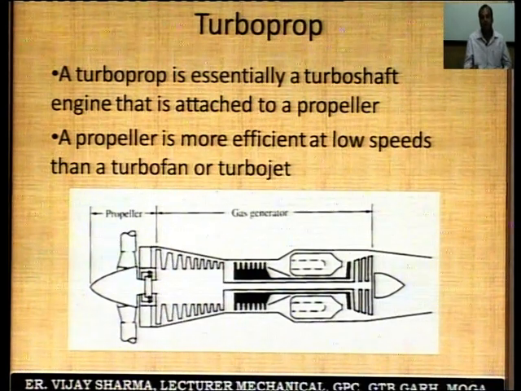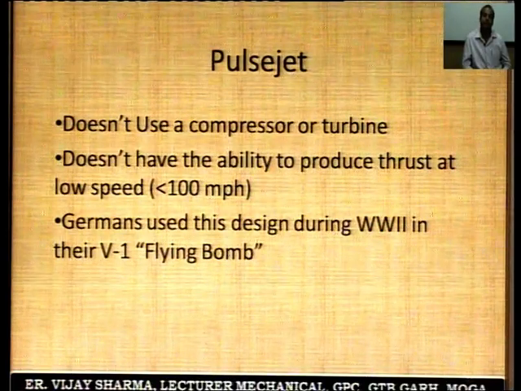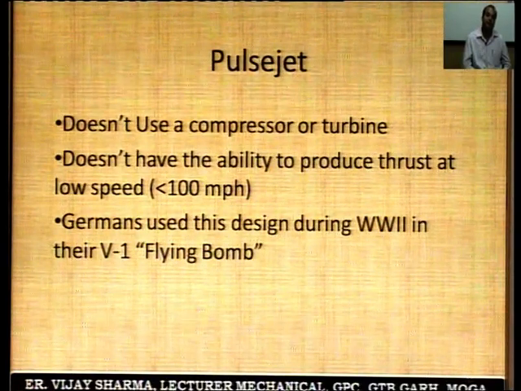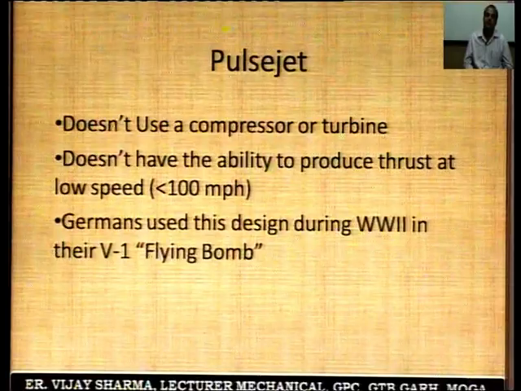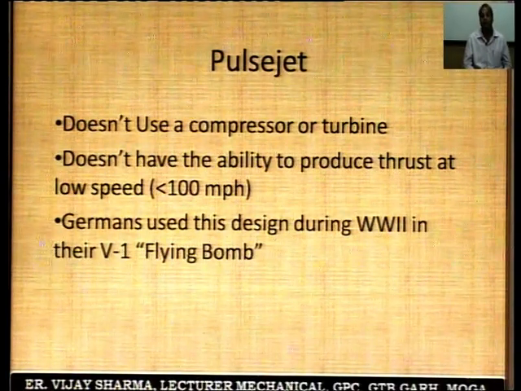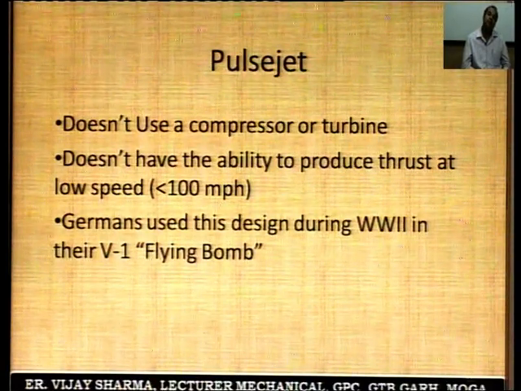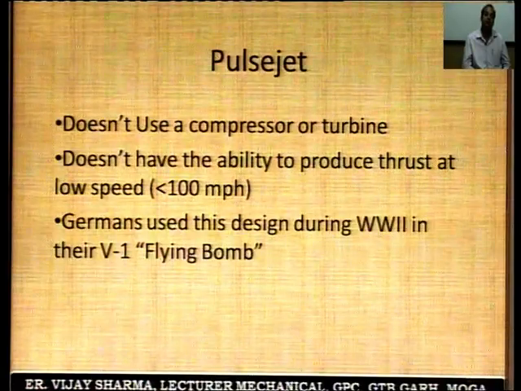Let me discuss the next slide. Pulse jet. Pulse jet does not use a compressor or turbine. This is the major advantage of the pulse jet engine, and it also has the ability to produce thrust at low speed.